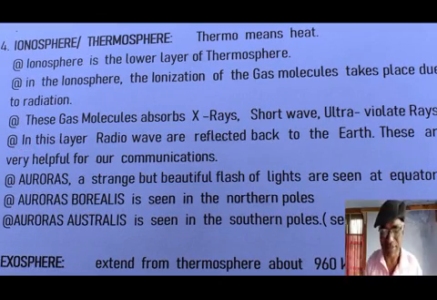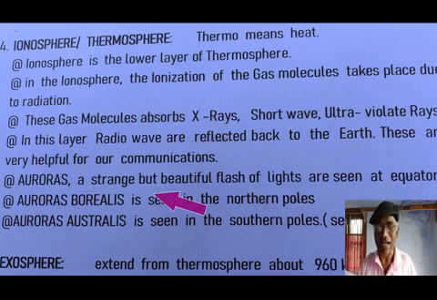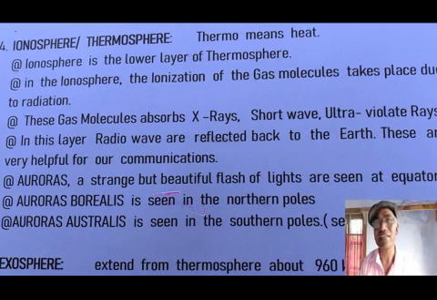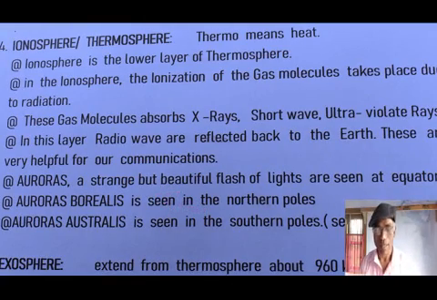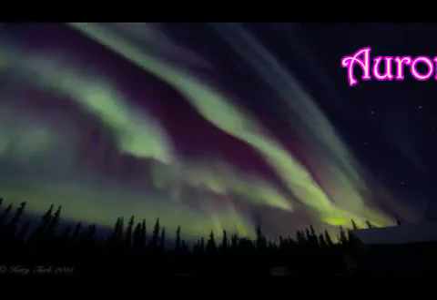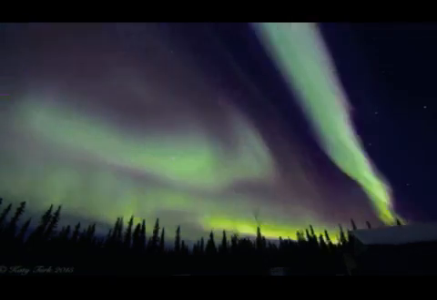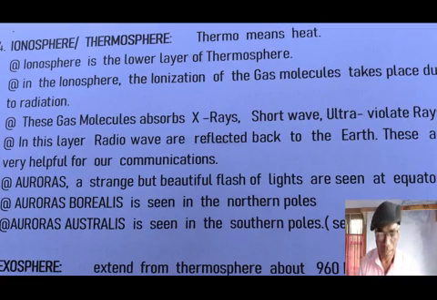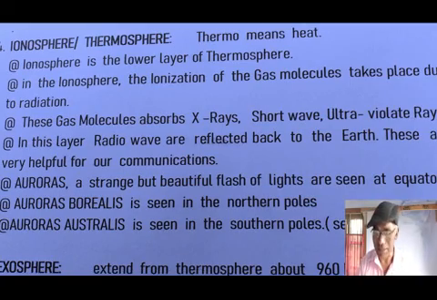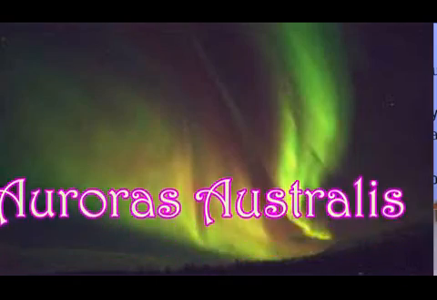And because of this, we have auroras, which are beautiful and strange flashes of light seen on the earth. Aurora borealis is such light which is seen in the northern hemisphere. Aurora australis is seen in the southern hemisphere, particularly in Australia.